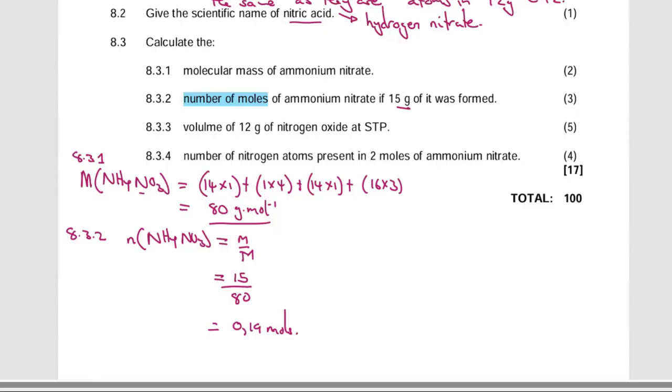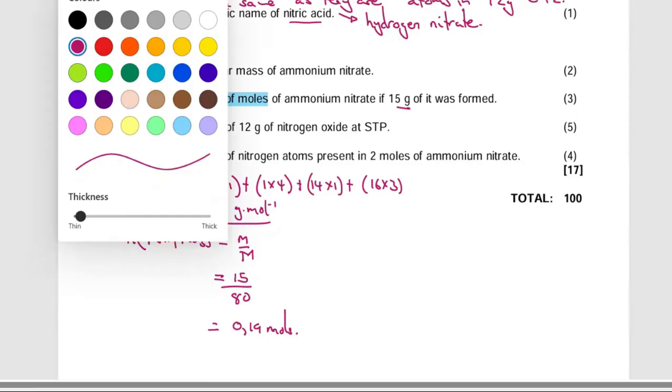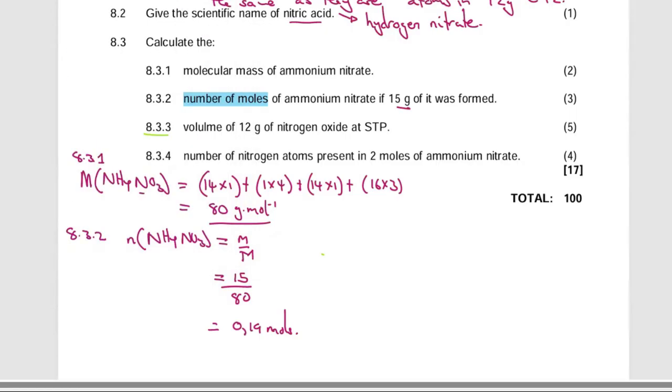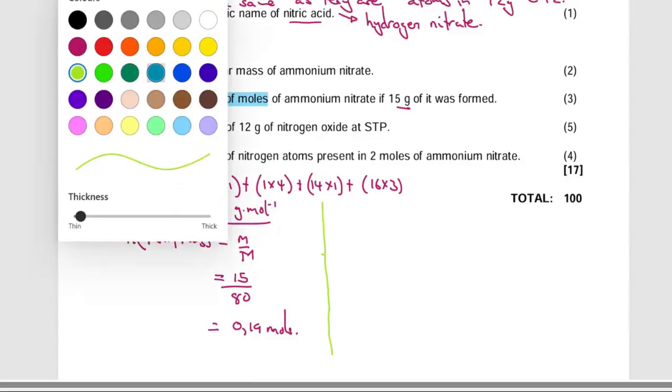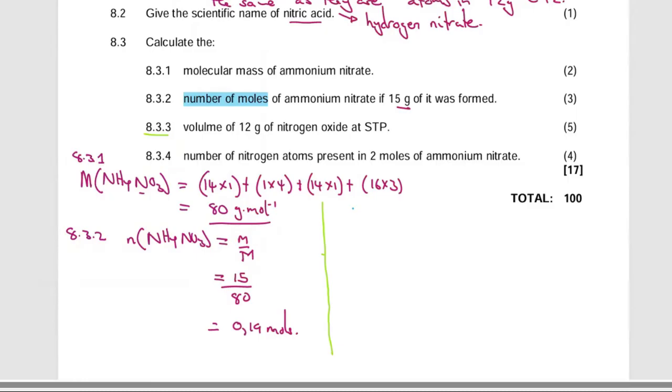Then moving on to question 8.3.3. It says the volume of 12 grams of nitrogen monoxide at STP, right? So this is standard temperature and pressure.